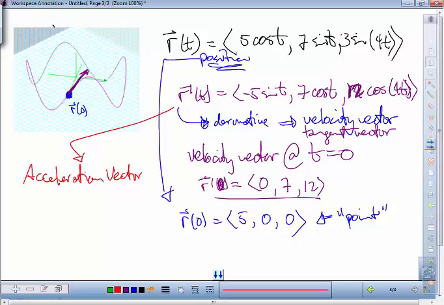So the acceleration vector, we'll call it r double prime of t, is going to be the derivative of the velocity vector. So sine is positive, so this is already negative. Negative 5 cosine t, negative 7 sine t, this is a negative, and then whatever this is, 48.